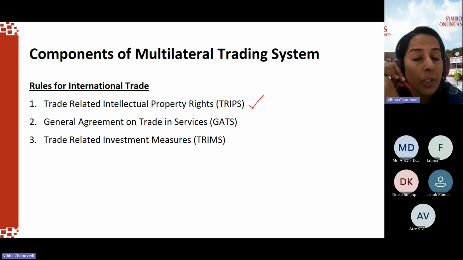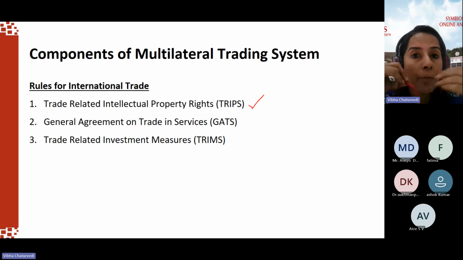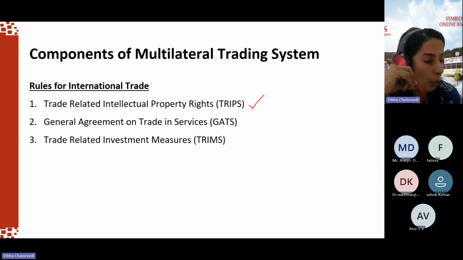Trade related investment measures: now capital investment was also brought into the ambit of world trade, where the developed countries which were investing in underdeveloped or developing countries wanted their investment to also be regulated by certain laws, where they would be guaranteed protection when the question arose of repatriation of profits, or anything to do with any trade dispute arising between nations.